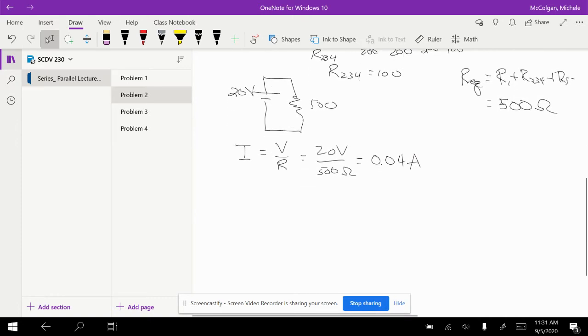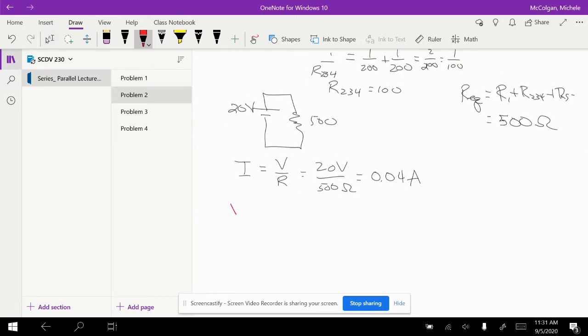So V1 is equal to V5, and that's equal to I times R1 since they're both the same. So I'm going to have 0.04 amps times 200 ohms.